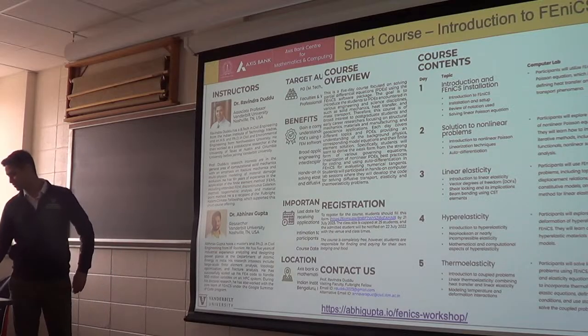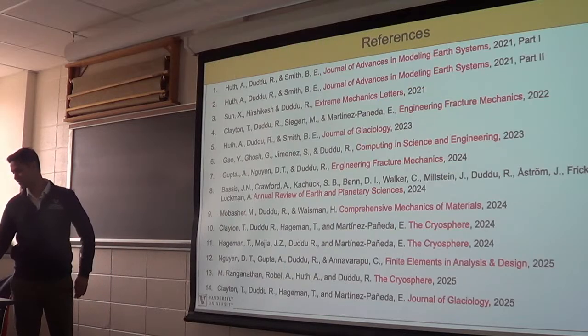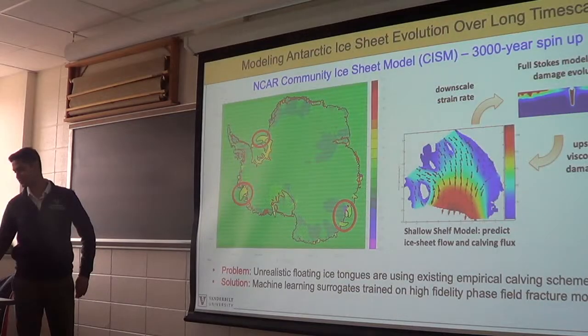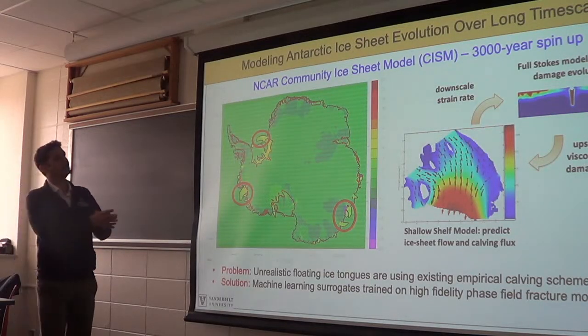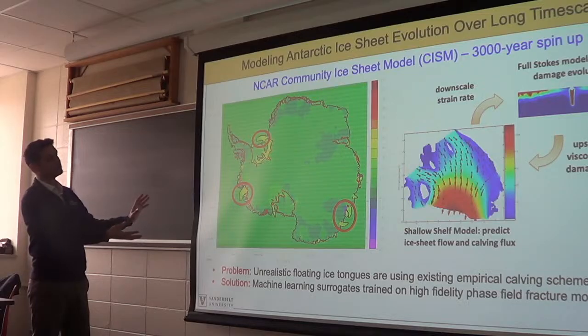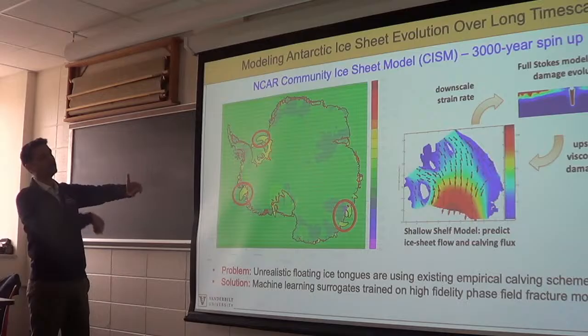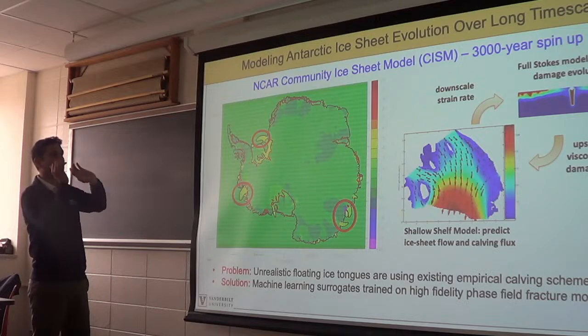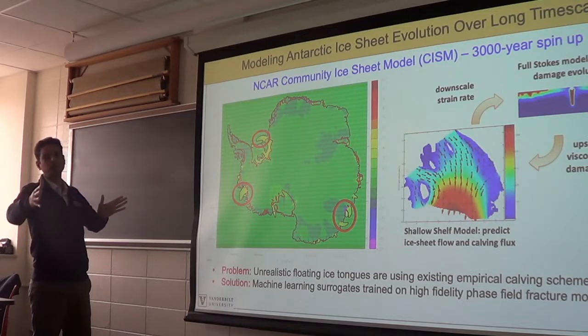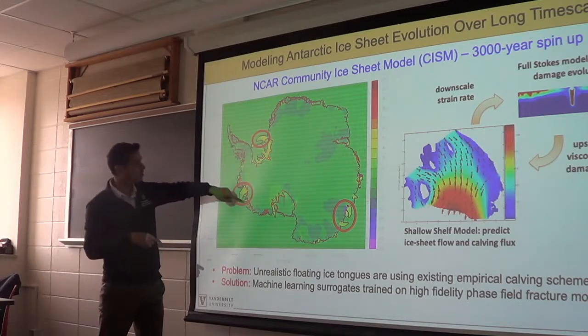I skipped through that part here, right? I was trying to make the case that if you did a whole Antarctic simulation using SICOPOLIS, the NCAR model, and you calibrated it very well, like using the initialization phase, and then once you got a good velocity match with observations on the current state, you just run that forward for 3,000 years, then you get all these ice shelves, right?